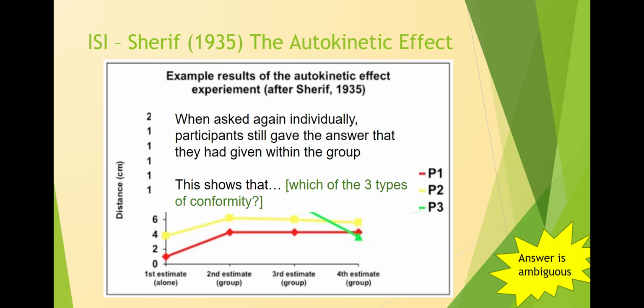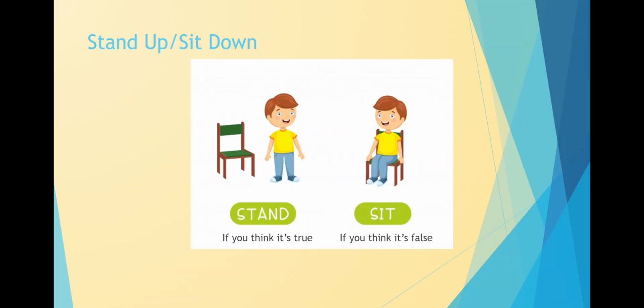Okay, in this case, this shows that, or this suggests that, informational social influence has taken place because they have conformed to get to the right answer. When they're giving their answer again individually and they still give the same group answer, it shows that they truly believe the group is right, and that's why they've changed their answer now.